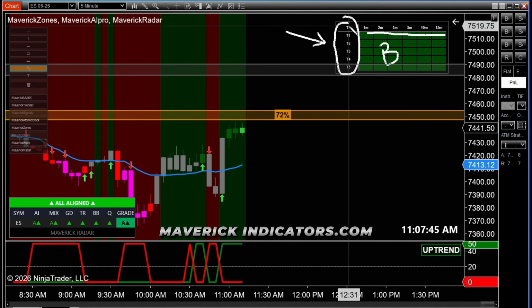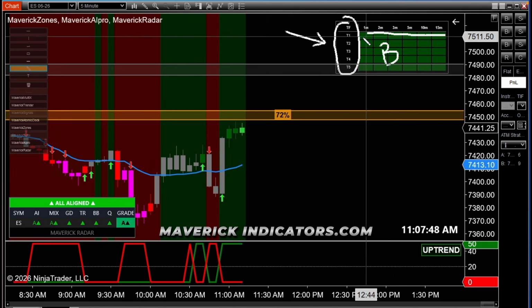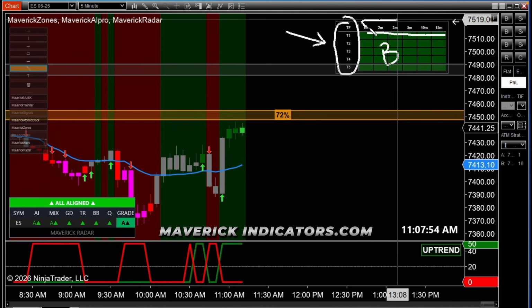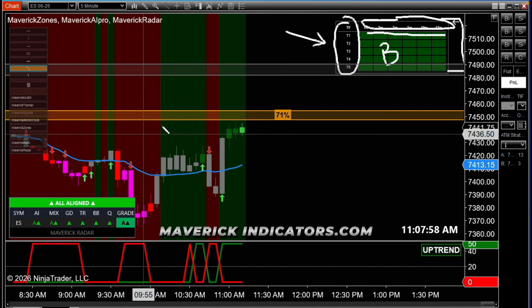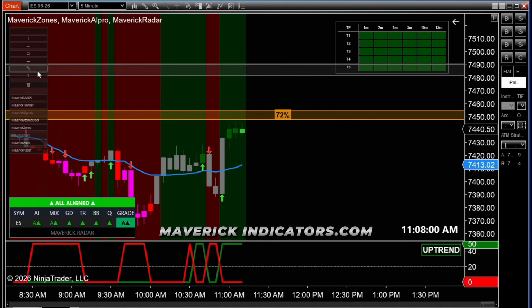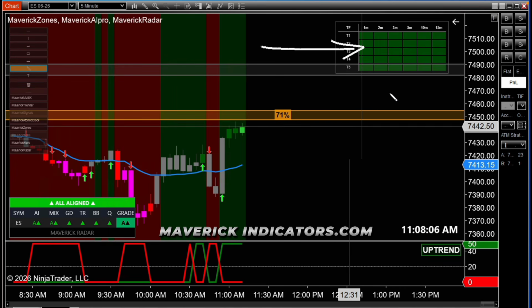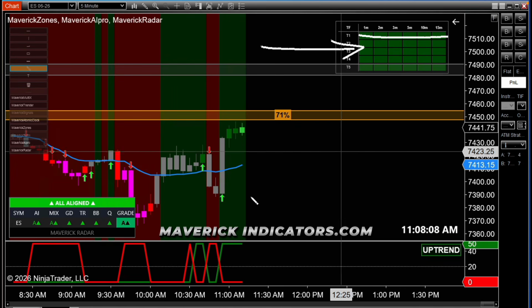If I put you in the room with 5 other traders, how cool would it be to know their vote every single tick across 6 time frames? You can change these time frames to whatever you want. You can add a 7th time frame if you want. Instead of looking at 6 charts on your screen, why not have the Maverick Multi-X right here, just serving that up?